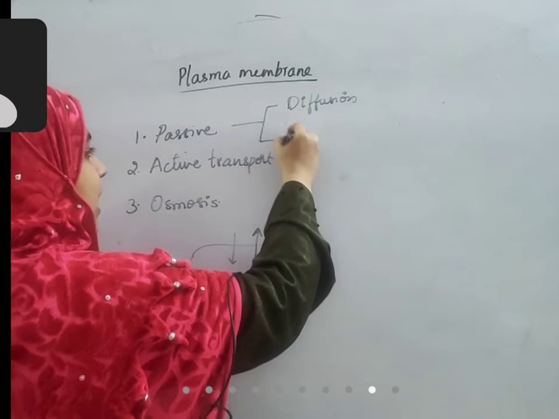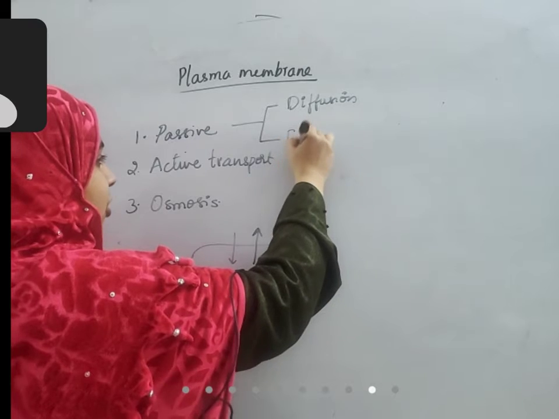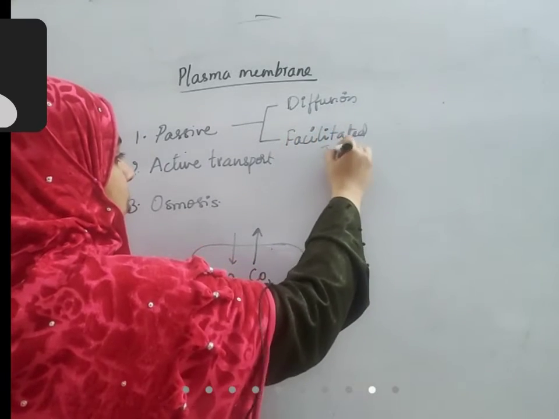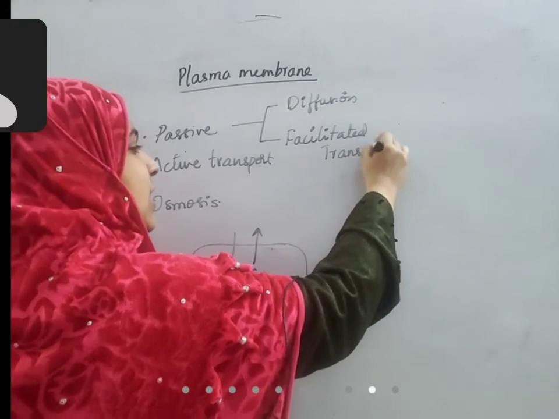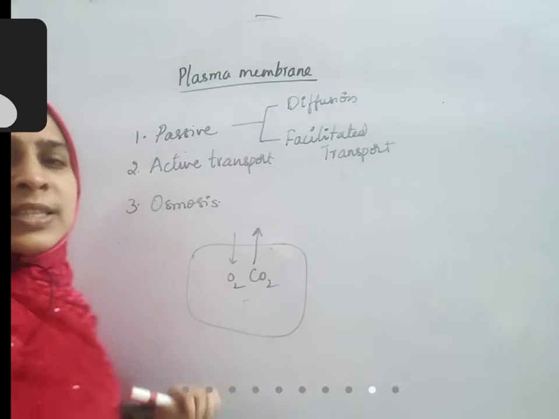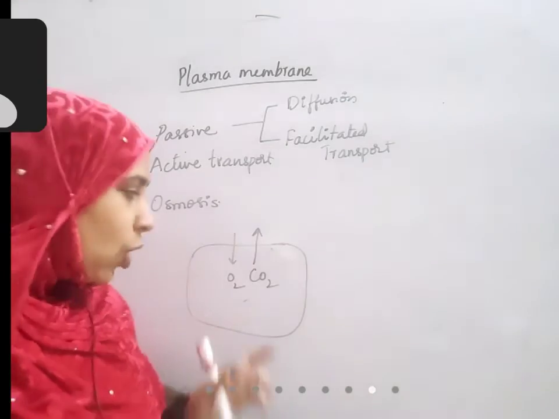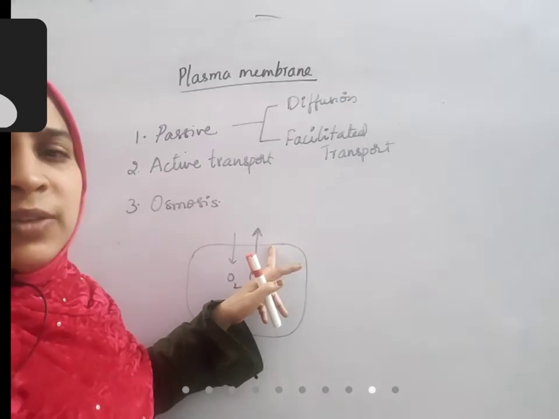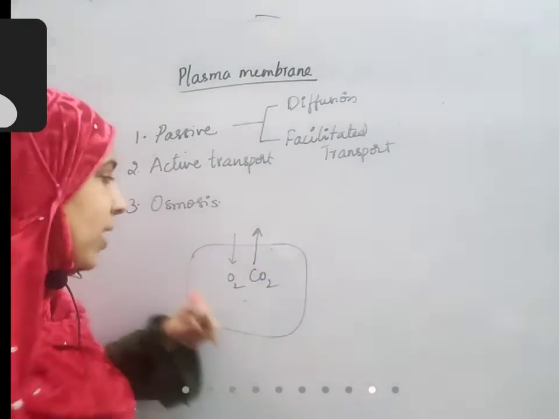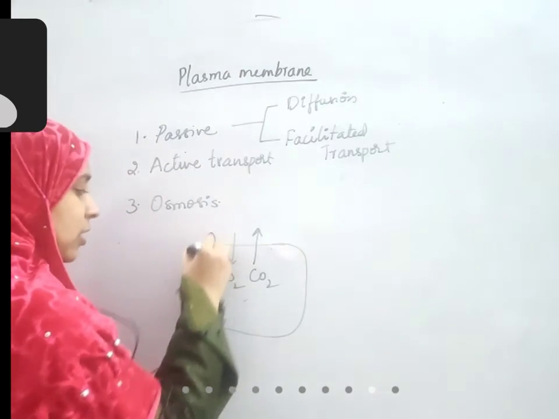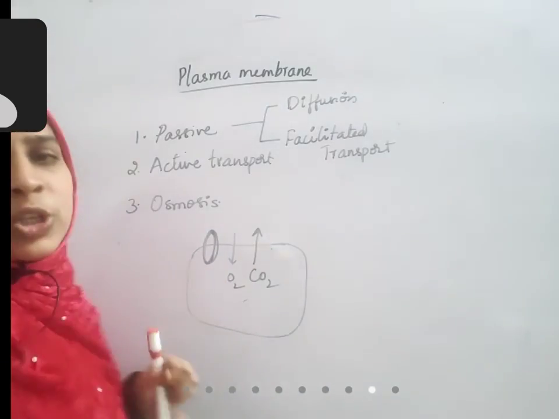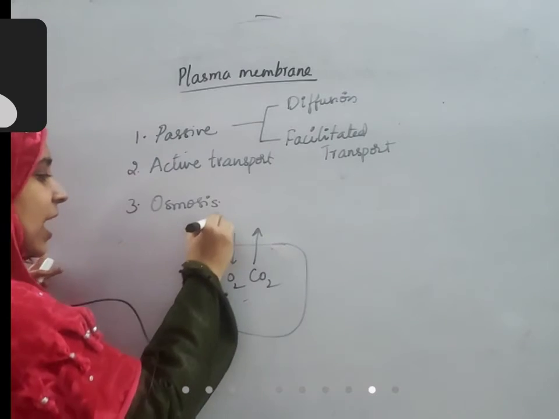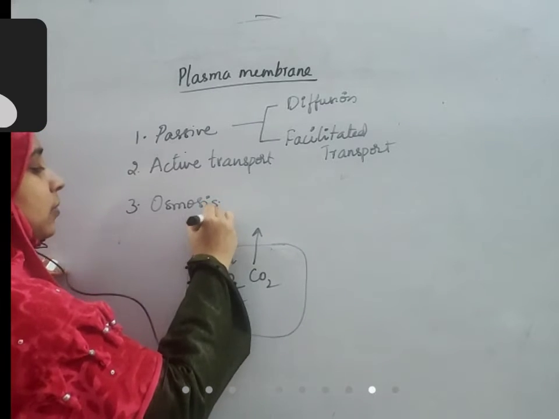Certain substances use facilitated transport. Facilitated transport means some of the water molecules do not directly pass through by diffusion, but they require certain protein molecules. These protein molecules, which are present inside the phospholipid bilayer, carry these water molecules.